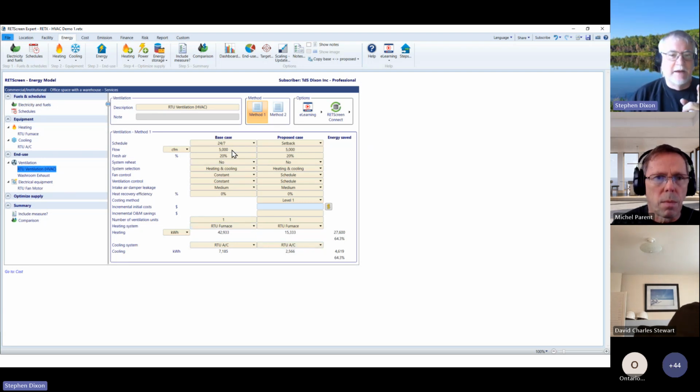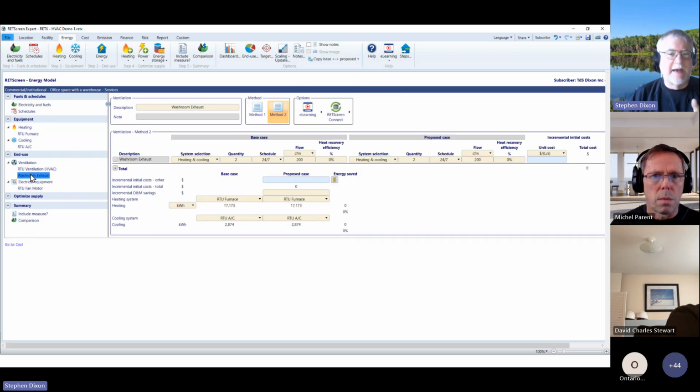But in a nutshell, we have a total amount of airflow, a ventilation rate, and then some details about how that plays out. At the bottom, RETScreen calculates for us the heating energy, the energy required in the base case to provide for that heating of that ventilation air, and the cooling energy. Now, that's not the amount of gas and electricity we use. That's simply the heating and cooling energy, the end use.